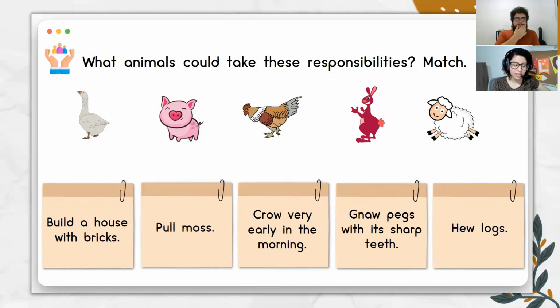They had to guess some actions, and the students just had some fun matching these animals. The purpose here is just to elicit some actions that are included in the story, and also to pre-teach the vocabulary they're going to find in the story. This is also one of the stages of the reading process.